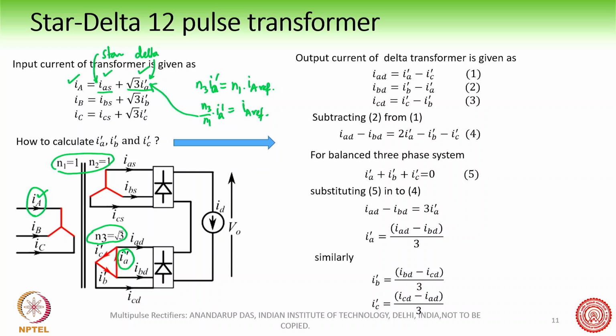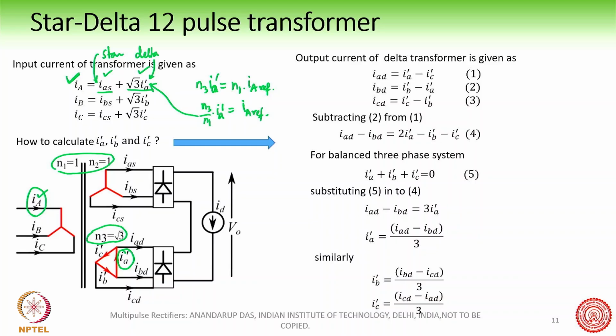This is coming here, okay, N3 by N1 times IA dash, which is √3. So therefore the total current I capital A is IAS plus √3 times IA dash.